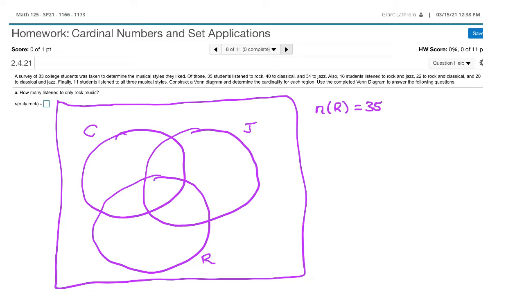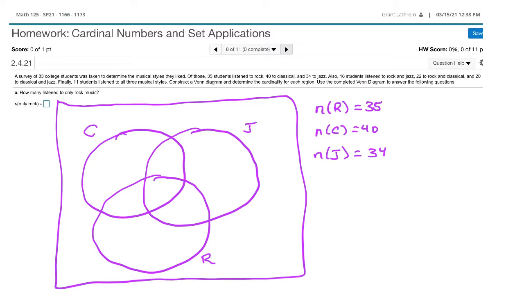Then we're also told that 40 of the students listen to classical. So the cardinality of C is going to be 40. And finally, we know that we've got a cardinality of 34 listening to jazz. So the cardinality of J is going to be 34.